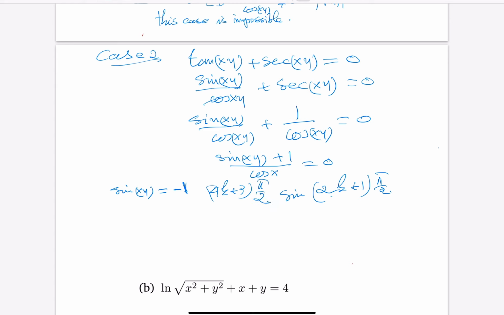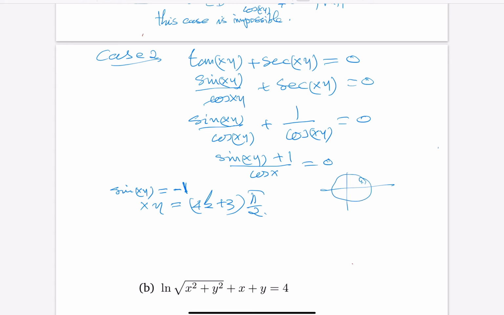You may be confused how I get this one. Just why? Because this one is true if and only if xy has to be equal to 4k plus 3 pi over 2. You can find that one by just using the unit circle and trying to check where it should be.